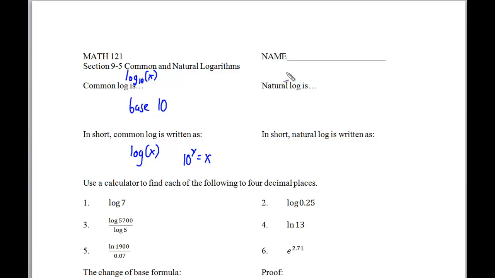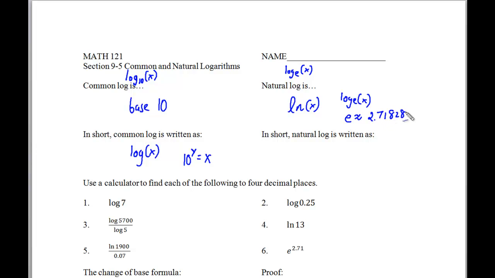The natural log, again, we had a problem earlier on where I had log base e written for you, and I said log base e isn't actually written that way. It's written as natural log, and natural log of x is the same thing as log base e of x, because natural log is log with a base e, and e is approximately 2.718.